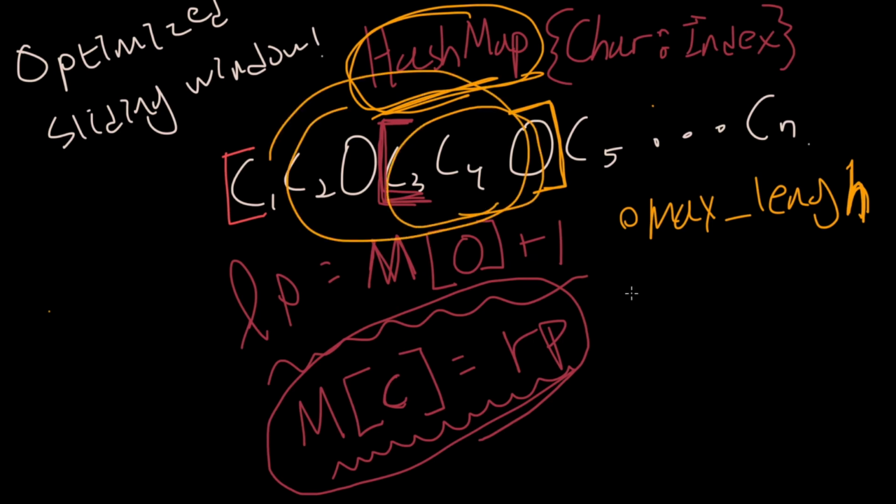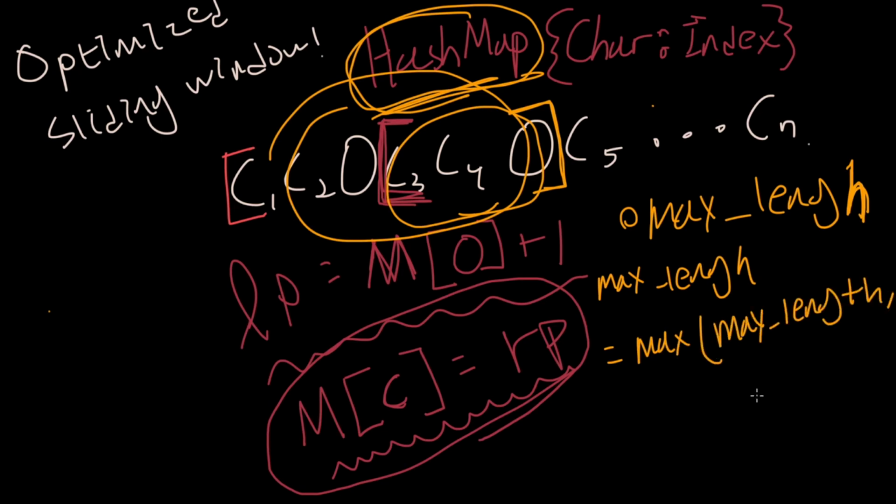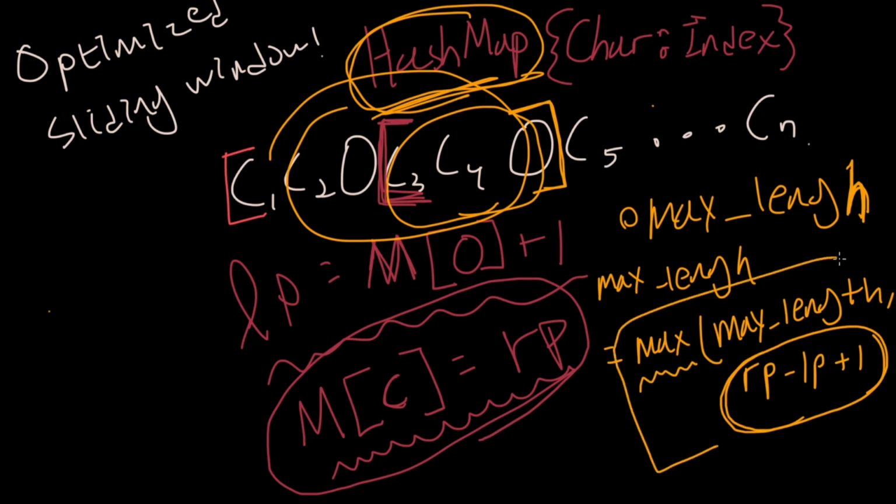You can do that by max length is max of max length compared with right pointer minus left pointer plus 1. This is actually the range of the substring, and then you keep track of the maximum of that. So this is going to be the answer.